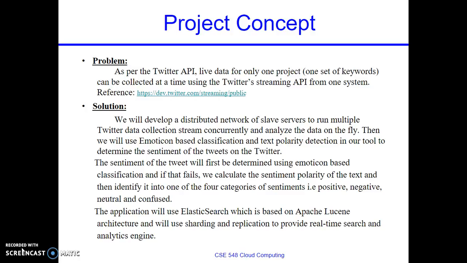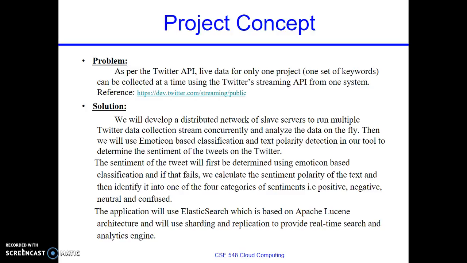Along with that, we are using a document-based indexing data store, Elasticsearch, with a master and a slave node to provide very fast data indexing and search features. Once the data is received from Twitter and stored in Elasticsearch, we use D3 charts and Google Charts to show the dashboard with the analytics.